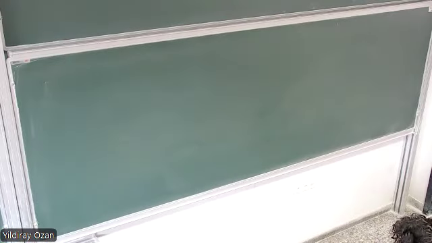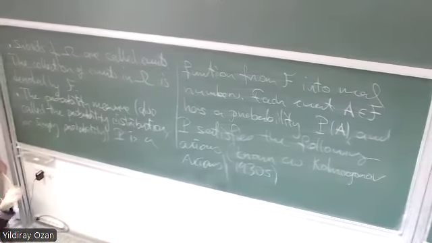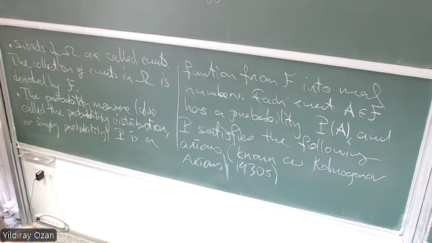May I ask? I want to understand clearly. Is the F the power set of omega? All possible subsets? No, that's why I just said collection.